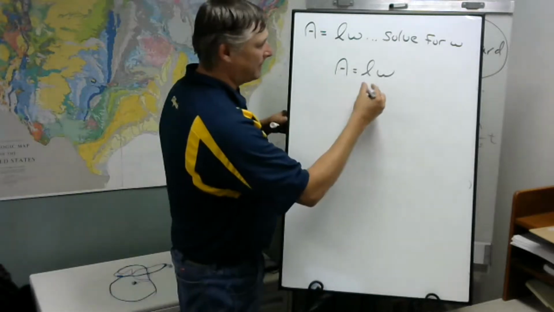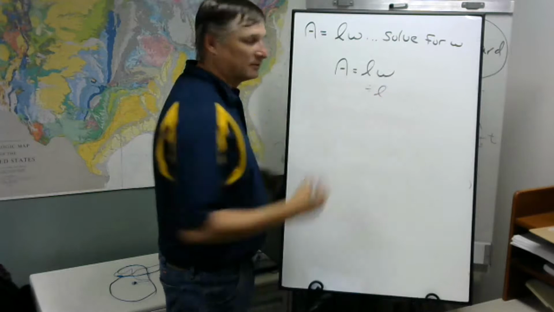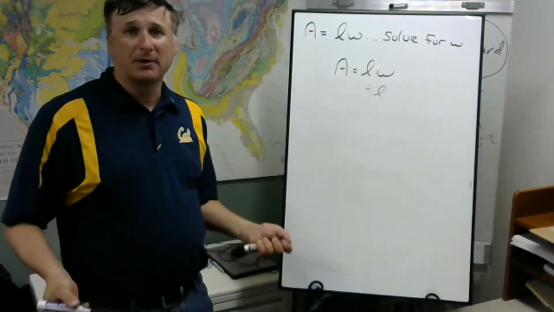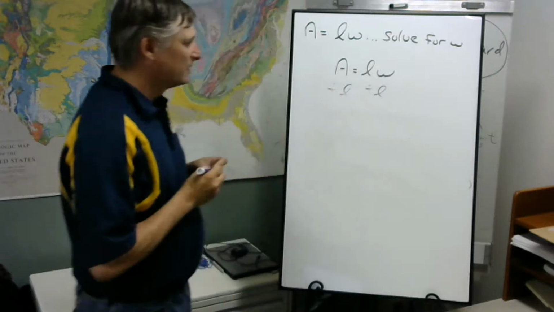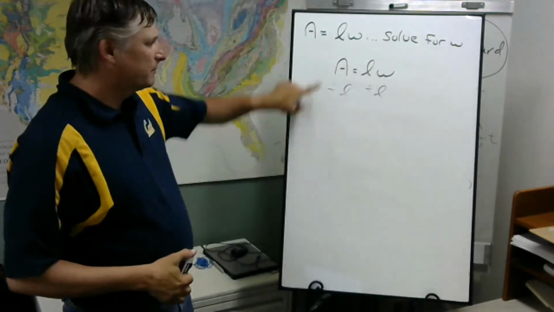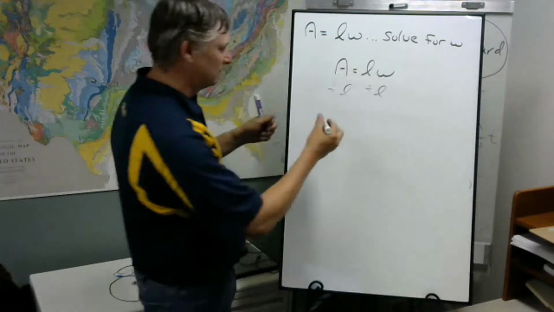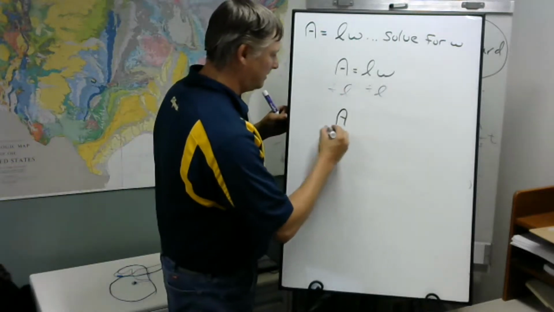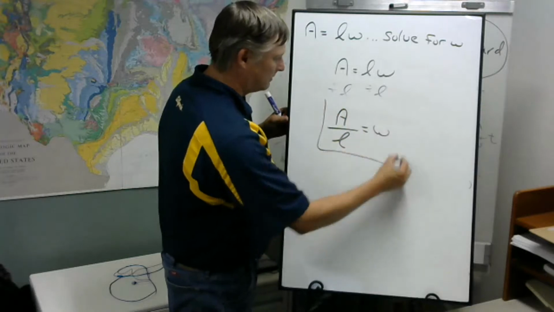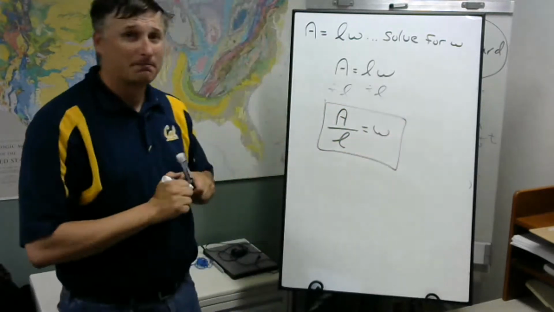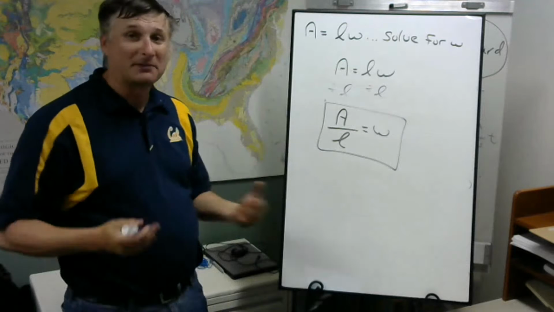So if we're multiplying by L, divide by L. Well, what we do to one side, we do to the other. And when we do division, we write it as a fraction. A over L is equal to W. And that's it.